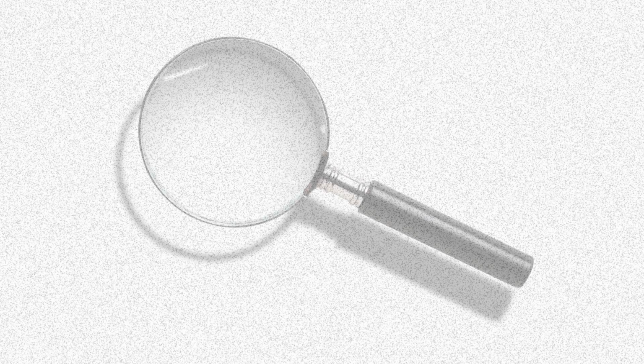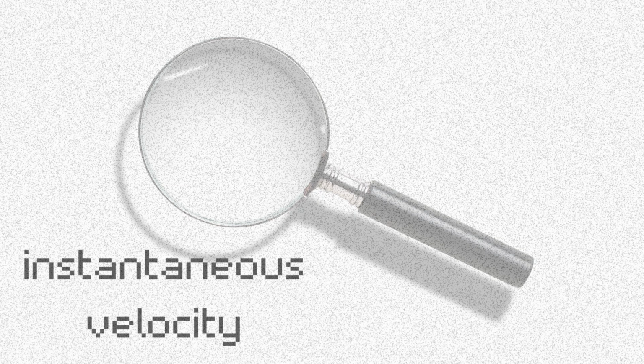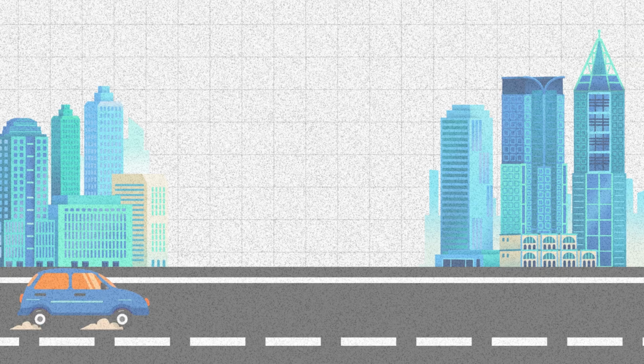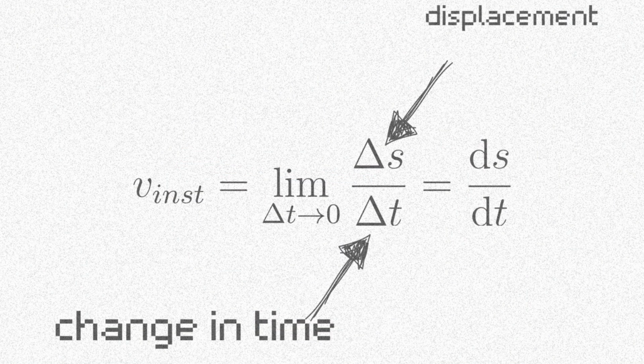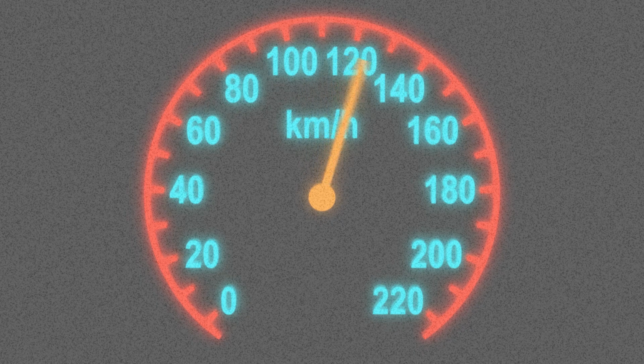To get more details about the motion of an object, we often rely on the instantaneous velocity of the object. This is done by observing the object's changes in position over very short time periods for the entire journey. As the time period shrinks to 0, this allows us to calculate the object's velocity at any given point in time, and we call this the instantaneous velocity.